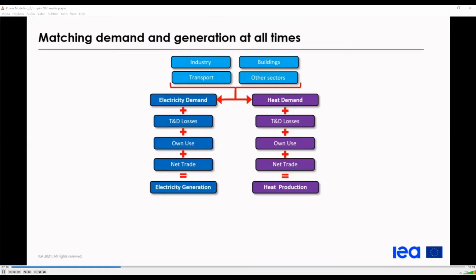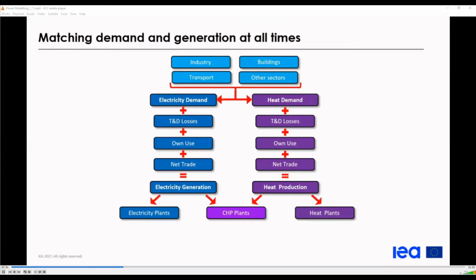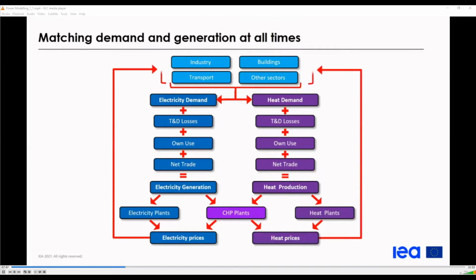Let's think about power pools where trade can happen. So the total generation needs to be met by the producing facilities, which determines the electricity prices. And then there is this feedback to end-use sectors' demand.